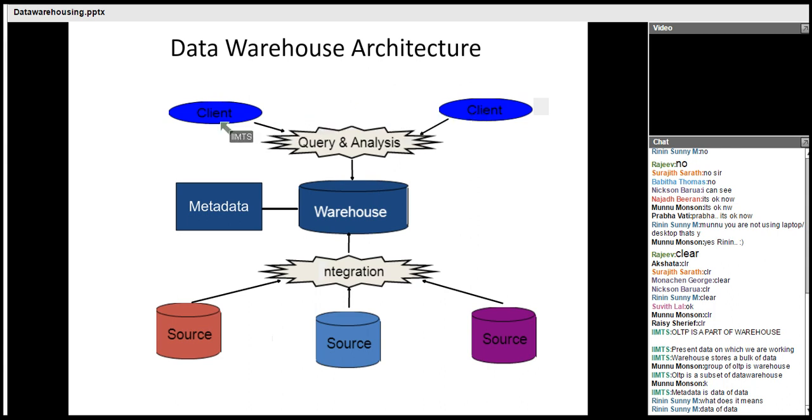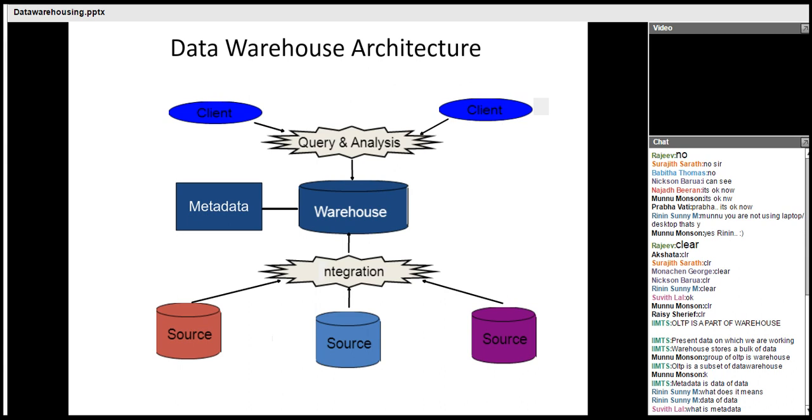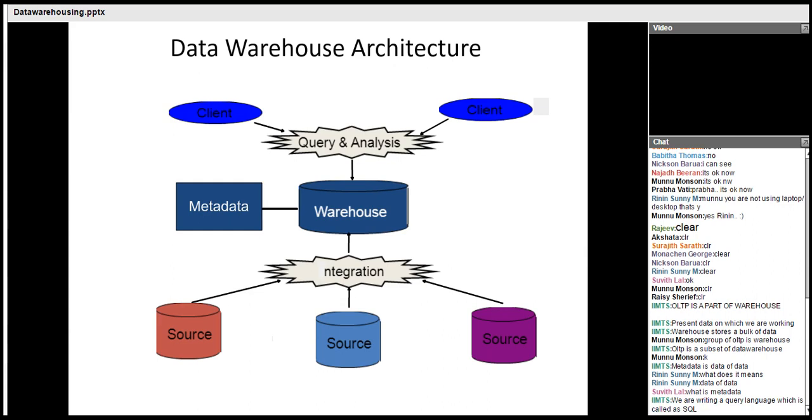So this is my system. Say this is Rajiv's system. What we will do is we will do query and analysis to get the data from the data warehouse. So on the client, what we are doing is we are writing, I think all of you have heard this name, a query language which is called SQL.